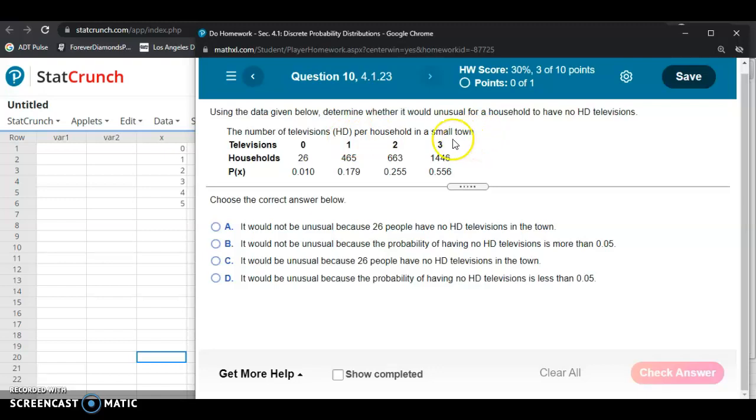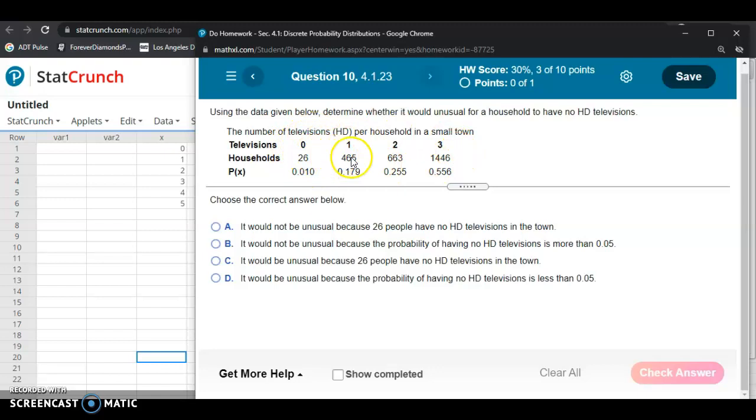Each household either had no HD televisions, 1 HD television, 2 or 3 HD televisions. There are no households with more than 3, and if you don't own any, it's not possible to own less than 0. So the possible values are 0, 1, 2, or 3.